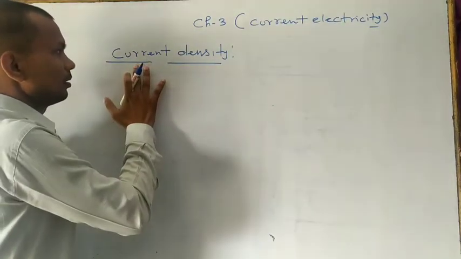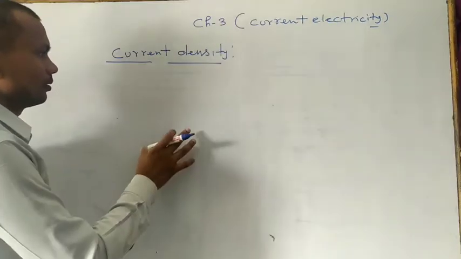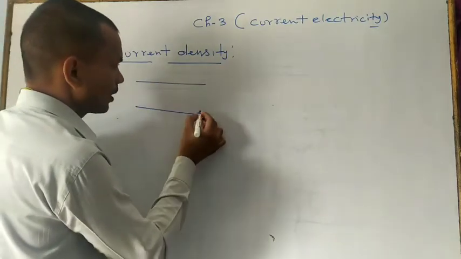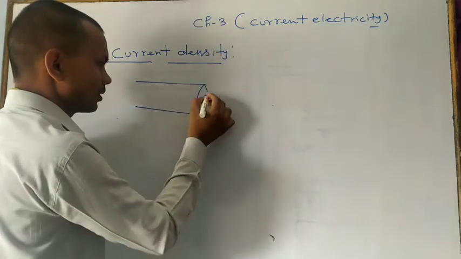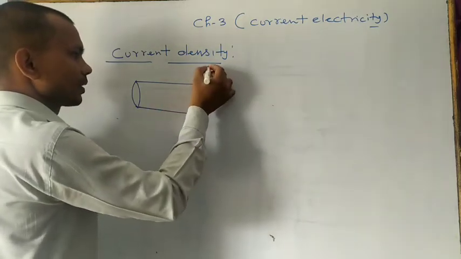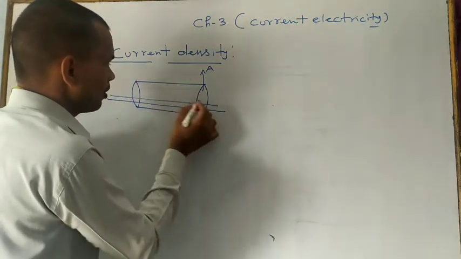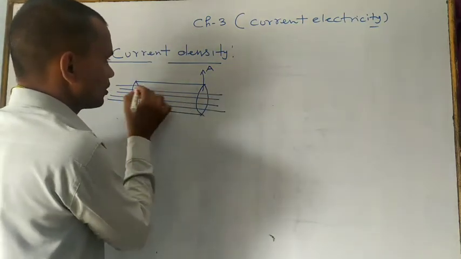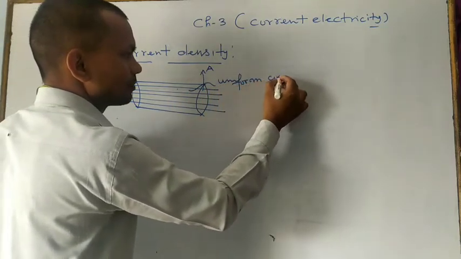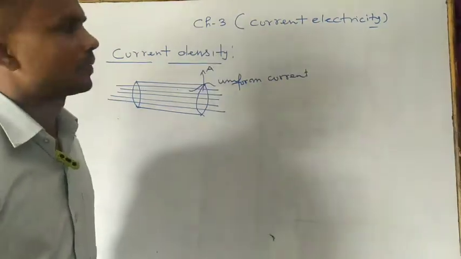So here you have to see, now we are going to discuss this current density, and for defining the current density, suppose here one conductor is there, and the cross sectional area of this conductor is A, and in this conductor uniform electric current is flowing, means at each and every point the value of current is the same.